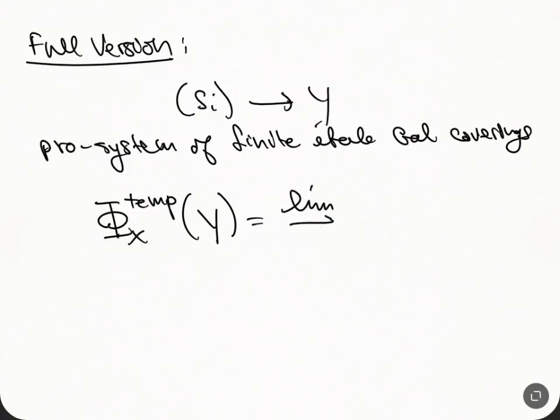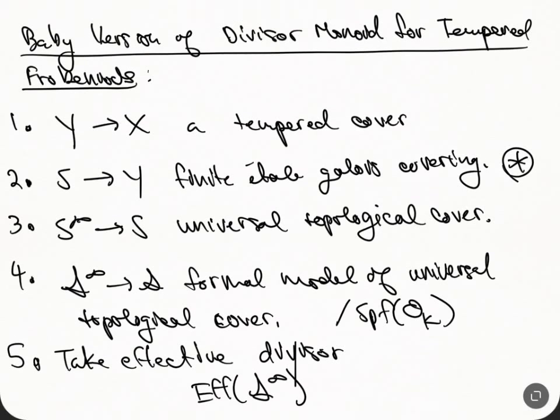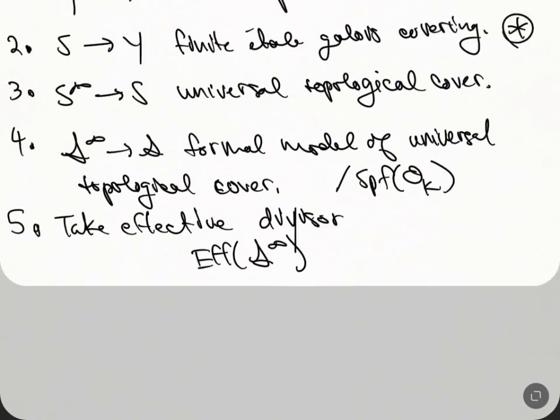So this is going to be a colimit, and we're going to take these effective divisors on this model here, and then we're going to take the Galois invariants, so that should be that. Let me make sure I put, okay, yeah, we're good.